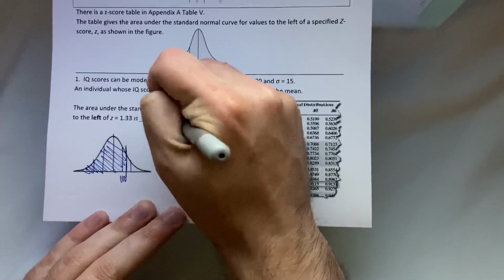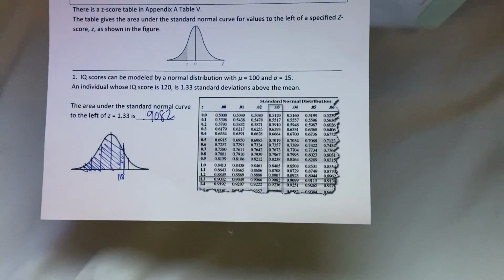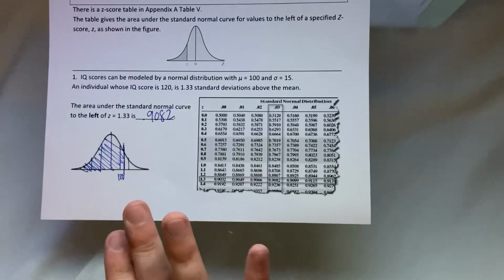That means 0.9082 is to the left of 120. That means his IQ is higher than about 91% of people. I know IQ doesn't necessarily translate to intelligence, but on the IQ score, he's above that many people. So we're going to start by just practicing using this table.